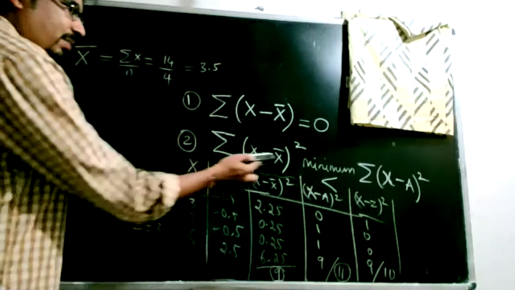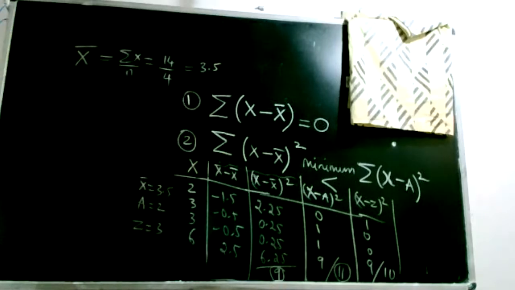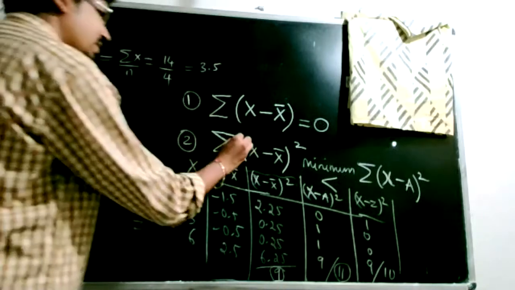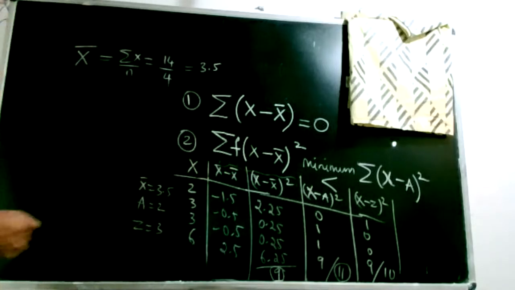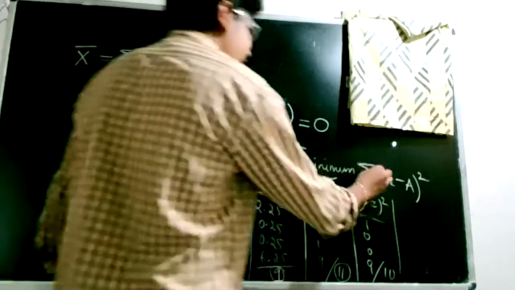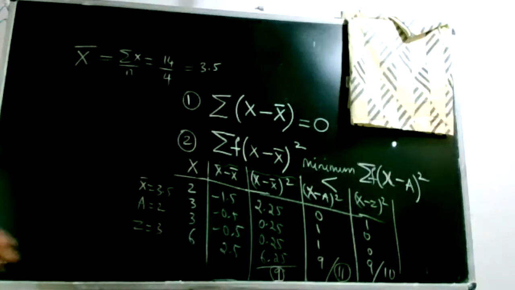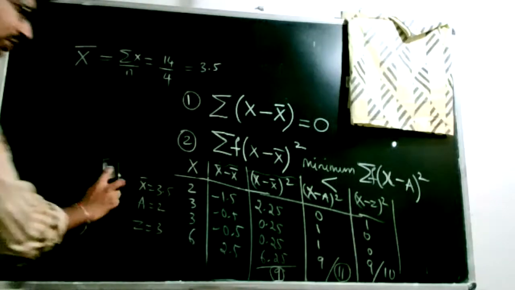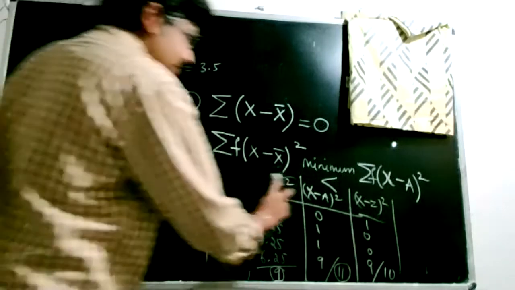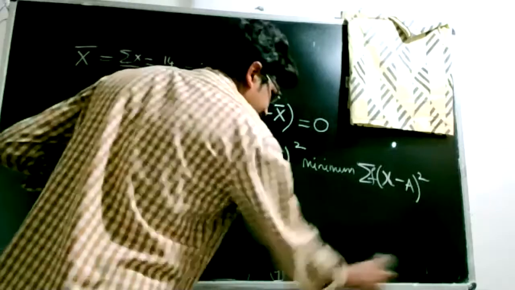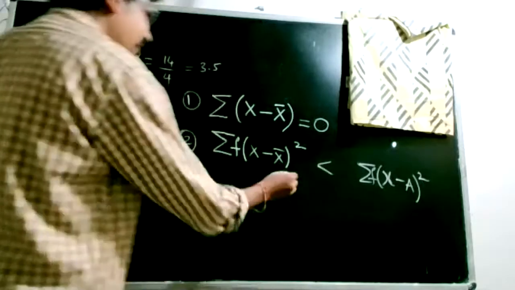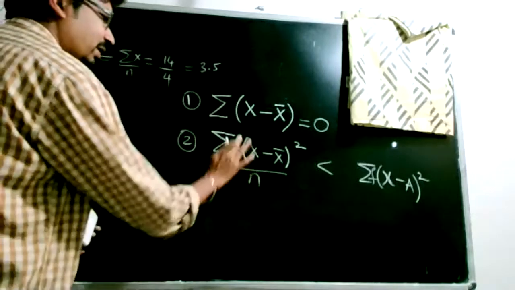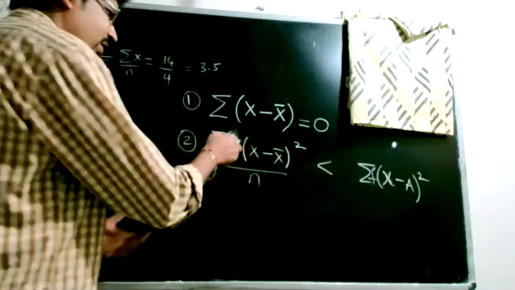Therefore, we say sigma x minus x bar whole square is minimum. In case of frequency data, you will have sigma f into x minus x bar whole square as minimum compared to any other such measure. So this is the second important property of mean. So the squared deviations from mean is always minimum, and the total, or further you could say the average of that, is also minimum.